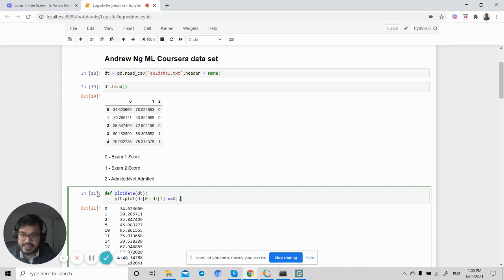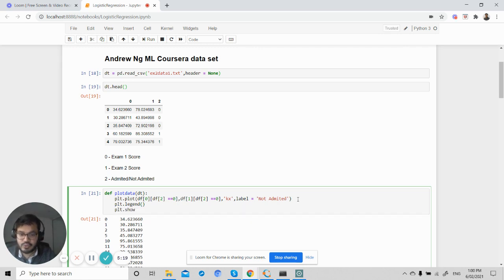This will be my one axis. Another axis will be for all ones, and let's distinguish this with a marker and label it as all non-admitted. Then with plt.legend we can see the legends.